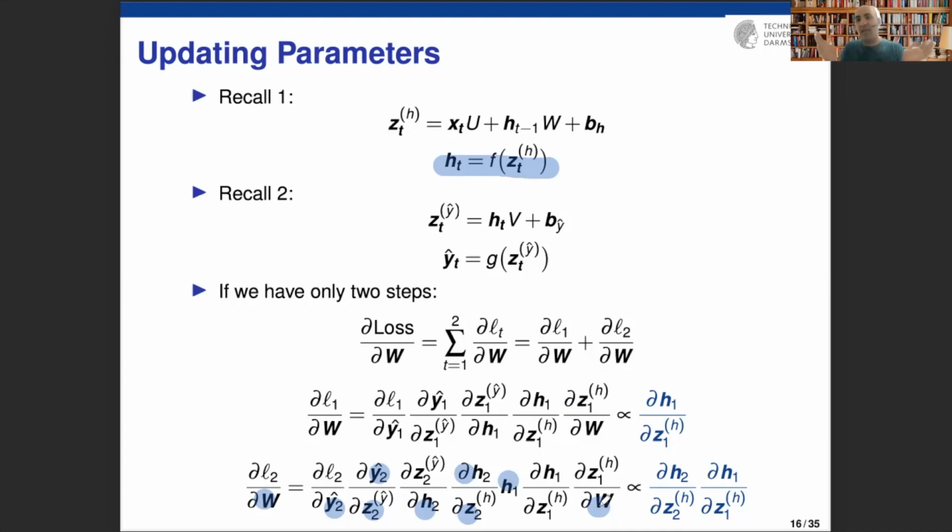So that's why we have a deep structure. We don't rely only on the value that we have, but we also need to compute the gradient backwards, to the earlier steps.